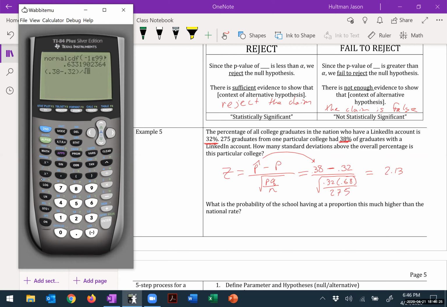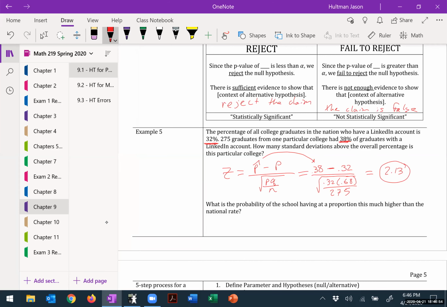Under the square root symbol is 0.32 times 0.68 divided by 275. Looks good, and I get about 2.13 as my z-score. That's my z-score.